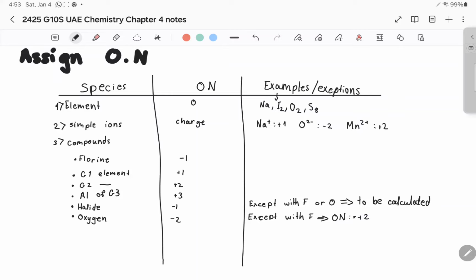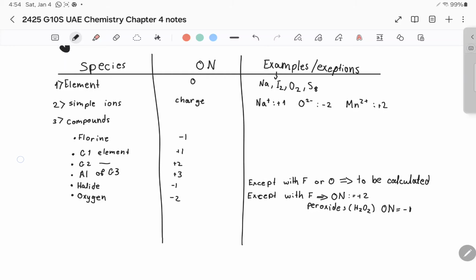And with peroxides, for example H2O2, it would have an oxidation number of -1.